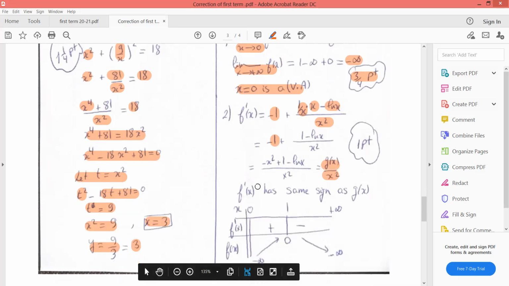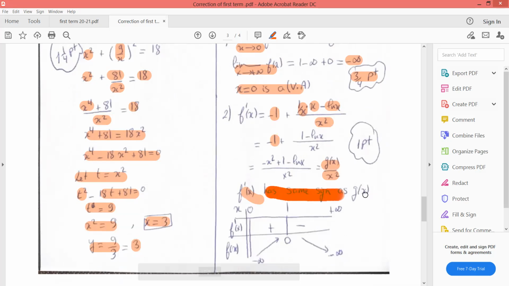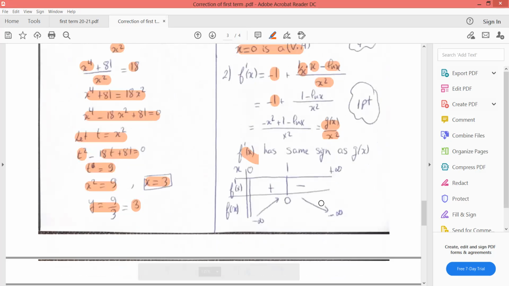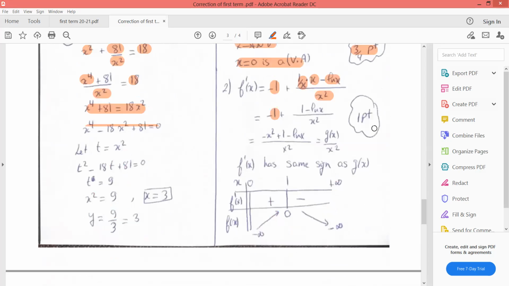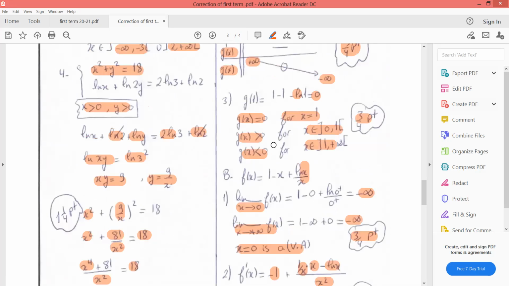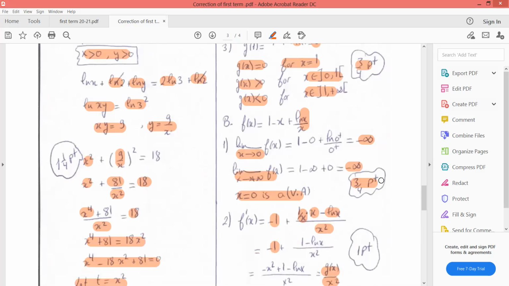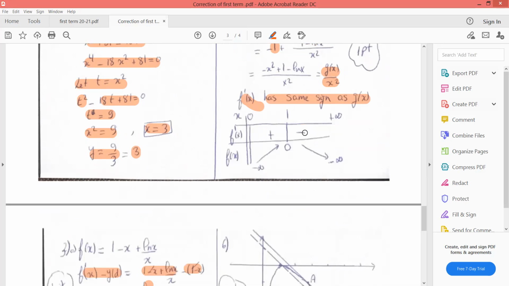It means that f prime x has the same sign as g(x). Remember that in the previous part, the sign of g(x) is positive between 0 and 1. So in this table of variations, I put 0, plus infinity, and I put 1.